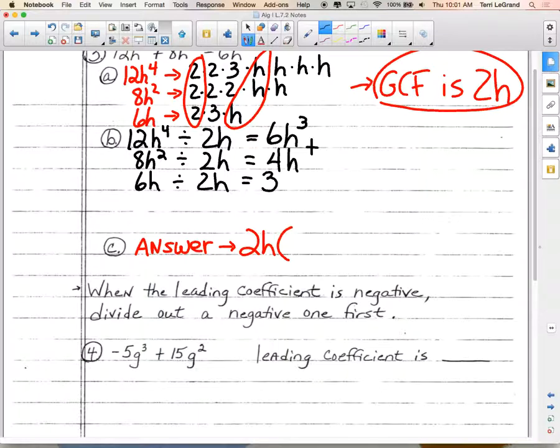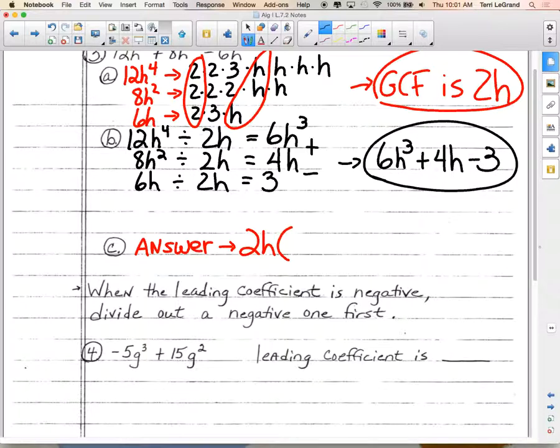If you go up to your list, the only thing not circled should be what you have. The only thing not circled is 3. Should there be addition or subtraction between 4h and 3? Subtraction. So we really have here 6h to the 3rd plus 4h minus 3. There's our other factor.